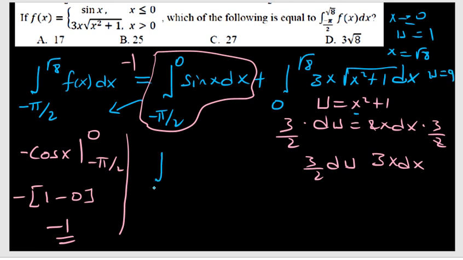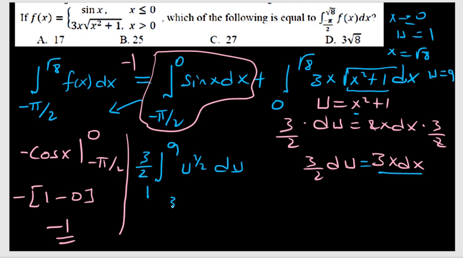So the evaluation will be from 1 to 9, and the constant 3 over 2 will be taken outside, and the u is the one which is in the radical, so I can say u to the power of 1 over 2, then du. 3x dx is the same as 3 over 2 du, so 3 over 2 is outside.